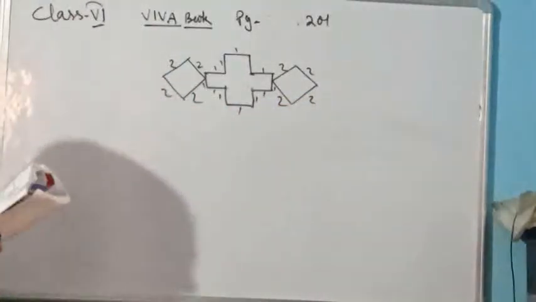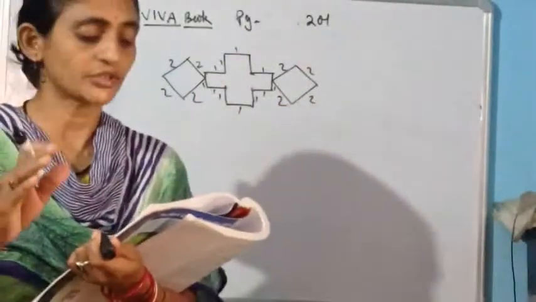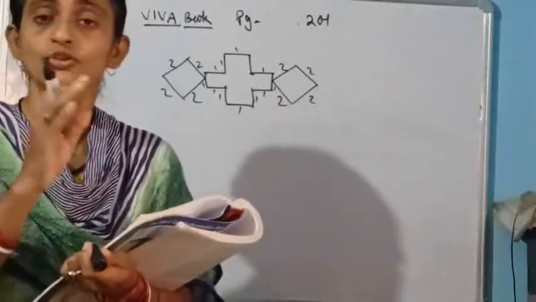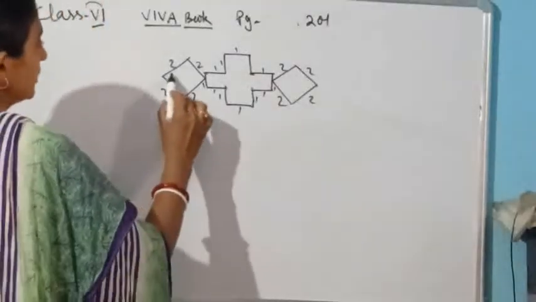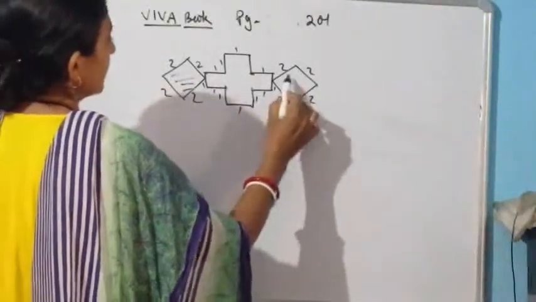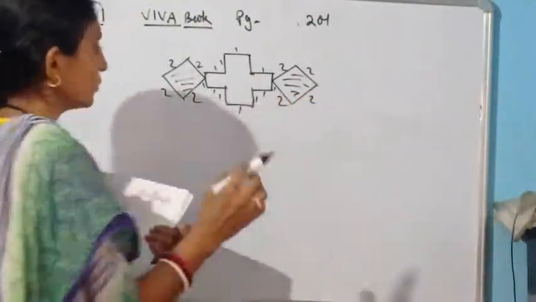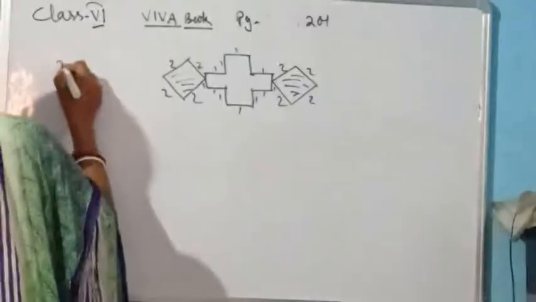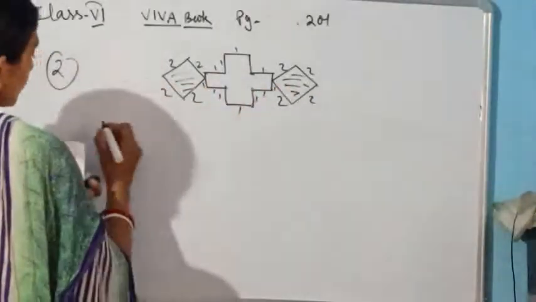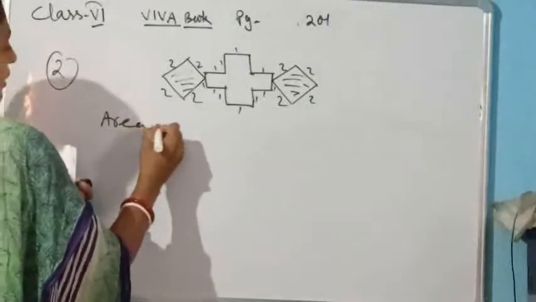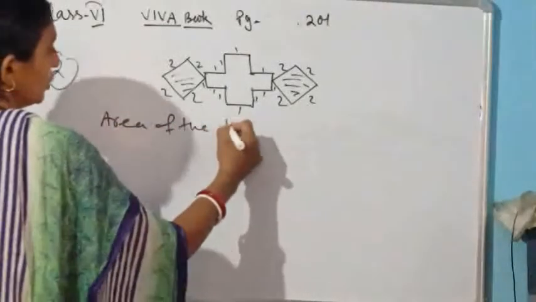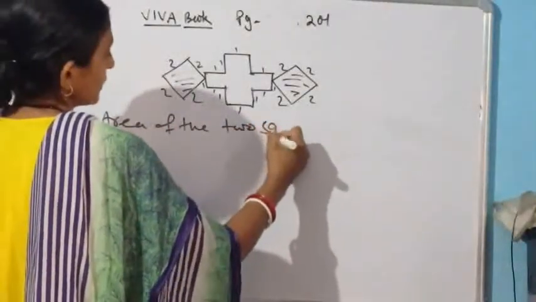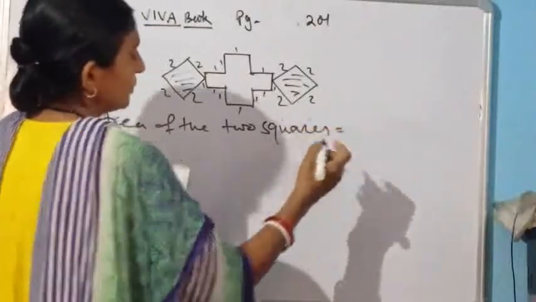Now you have been asked to find the area of the shaded region in square units. By observing, you can say all the sides are given as 2 units. So what will be the area of these two squares?